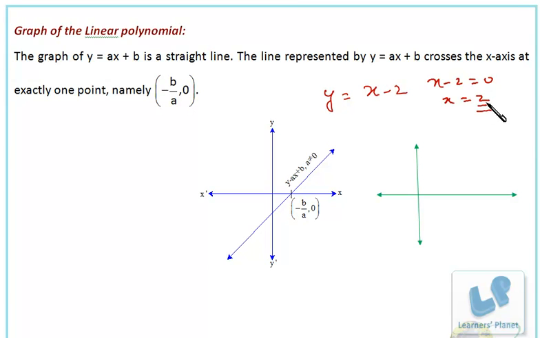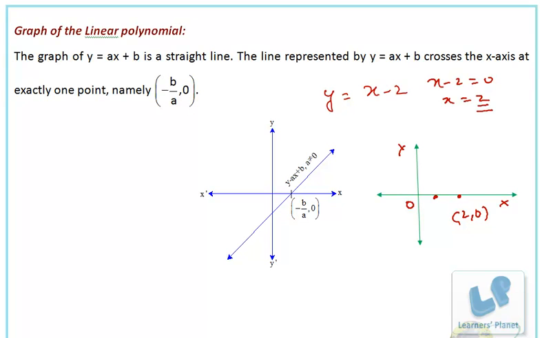That means when x is equal to 2, y is equal to 0, right? So this is the x-axis and this is the y-axis. On this axis, suppose this is the point where the abscissa is 2. When the value of x is 2, y is equal to 0. So this point is precisely (2, 0), right?